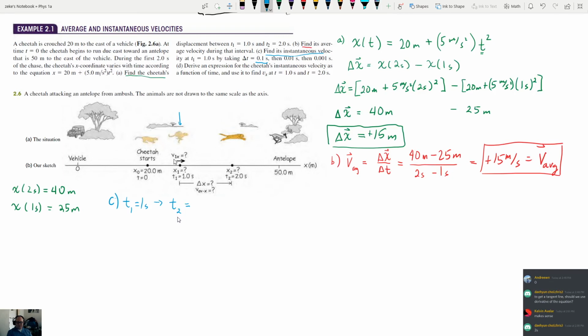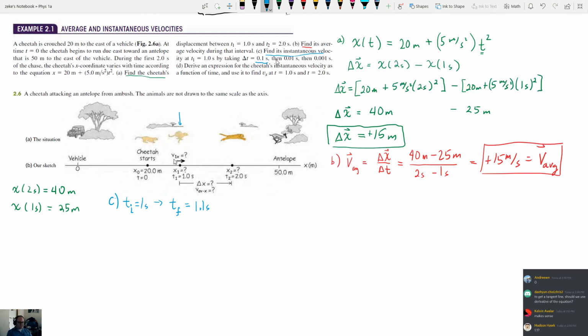Is it a bad idea to call it t2 here, because it's already called t2 up there? Maybe. Maybe we call these t initial and t final, so there's no confusion about what we're doing. What would t final be? 1.1, that's right.